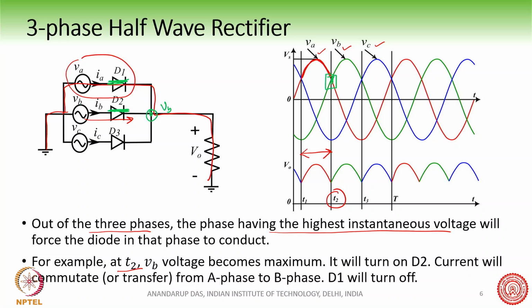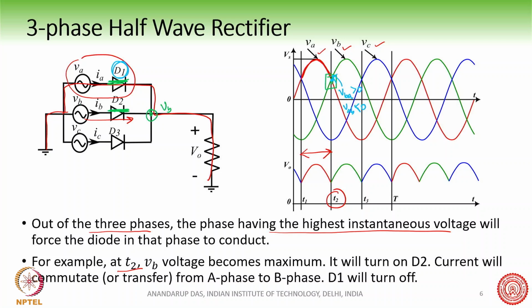Just after this point, the voltage VBA is greater than 0, or otherwise we can say that the VAB voltage is less than 0, and that will cause D1 to be reverse biased, right?